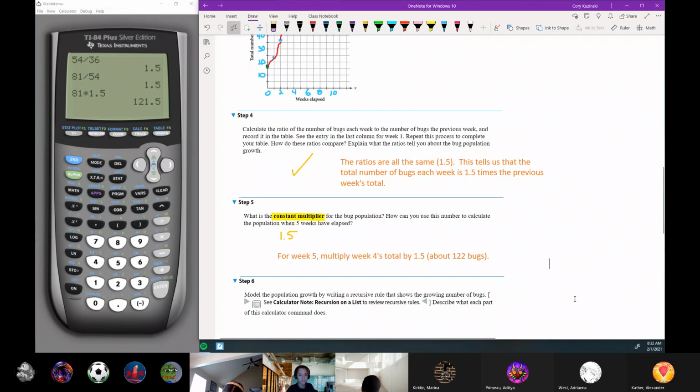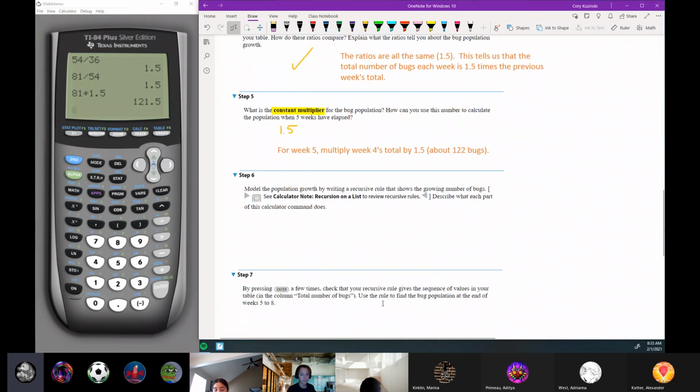Step 6 says to model the population growth by writing a recursive rule that shows the growing number of bugs. Describe what each part of this calculator command does. Okay. Well, our recursive rule, we can do this 2 different ways, and maybe we should write it 2 different ways. 16, enter.